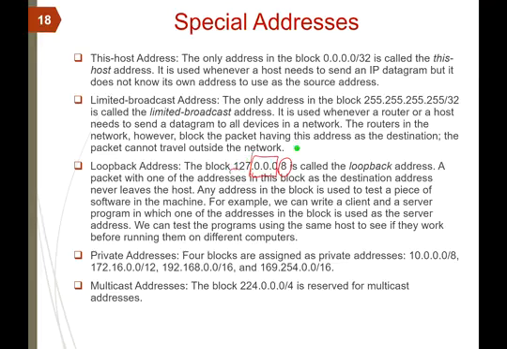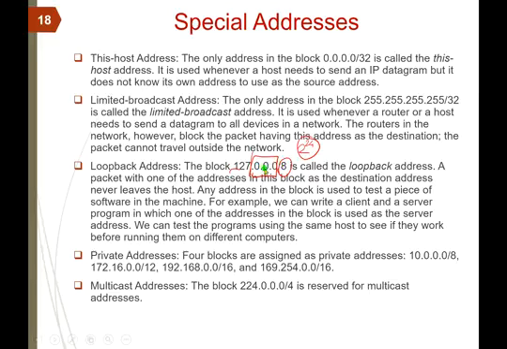So you can have 2 to power 24 IP addresses in this block. It's a big block. This is called loopback address. A packet with one of the addresses in this block, so you can have, as we said, 2 to power 24 addresses in this block.